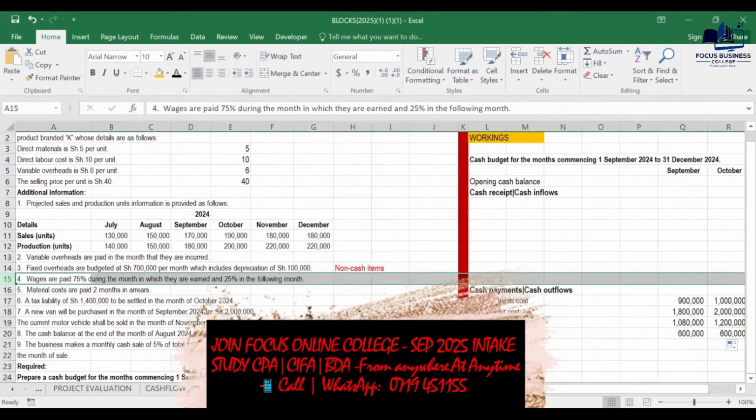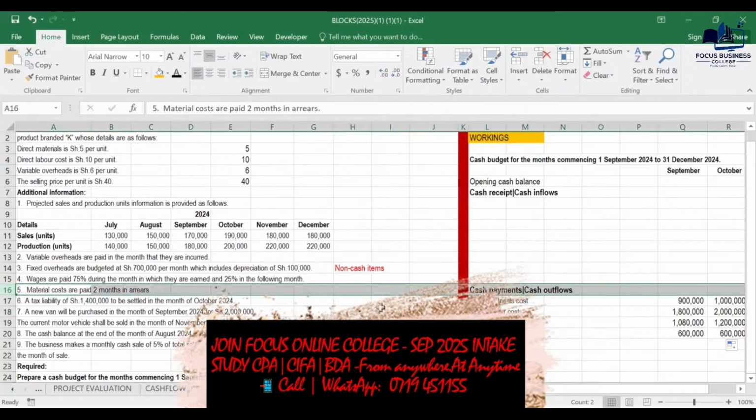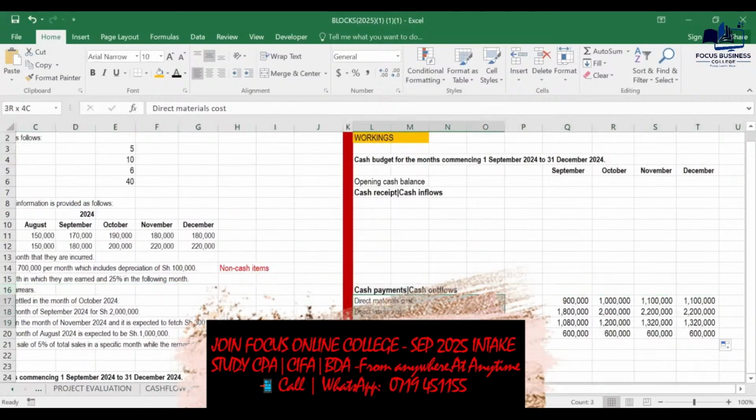Wages are the direct labor cost, these ones. And then if you check on what you're told in note number 5, this one is relating to the material. Sorry for that. So I think we need to redo something here. I think what we will undo here, or basically just compute these afresh. So variable overhead basically is okay.